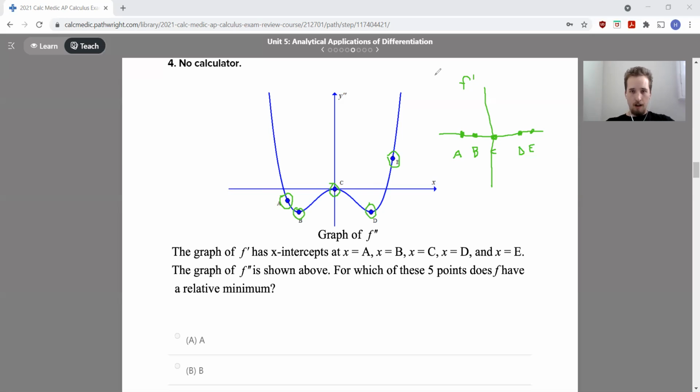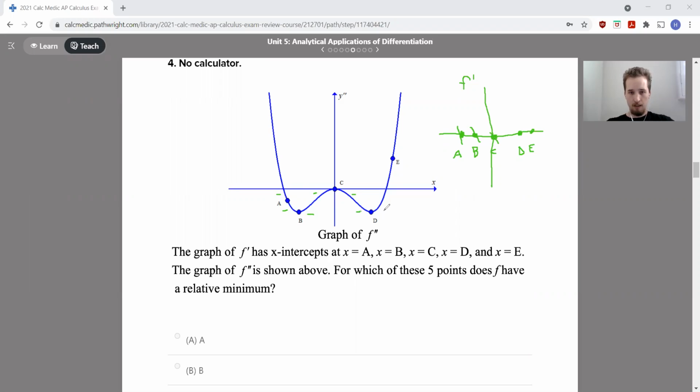So on both sides of A, for instance, there's a negative slope. So this must be negative and negative. It must go like this. Same with both sides of B, it's negative and negative. C, because this is below the x-axis, both sides of C is also negative and negative.